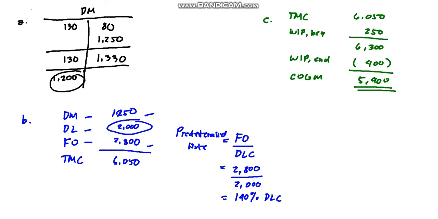And the last one is to compute the cost of goods sold. For the cost of goods sold, this is just a continuation supposedly. So we add FG beginning of 300. So we now have available for sale of 6,200.